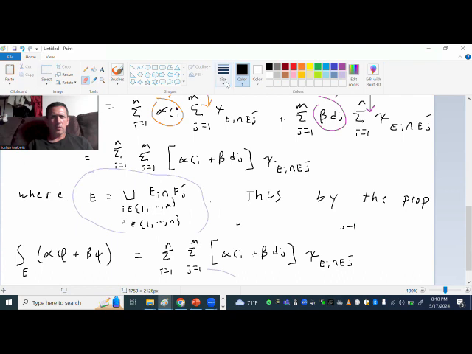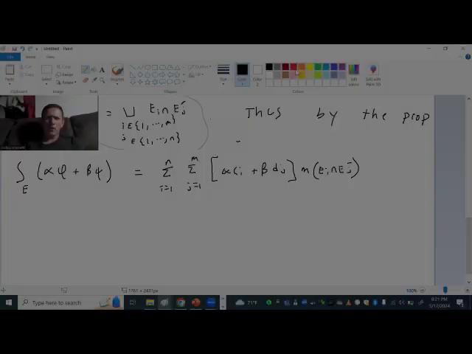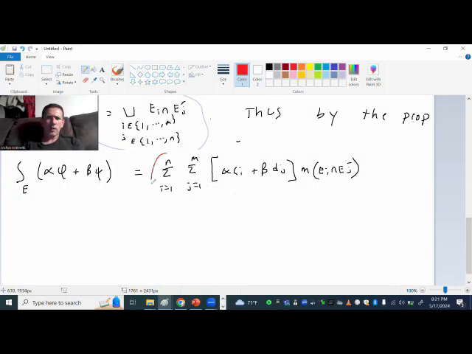Except here it's the measure of these. All right, that's exactly what the proposition says. So let's call this star here, I suppose. So basically now all we do is go backwards. All I need to do now is go backwards.